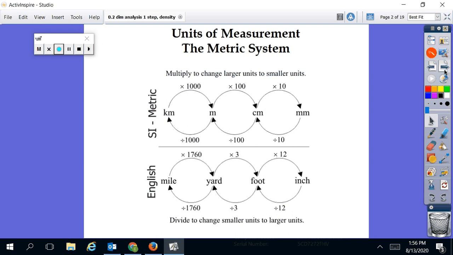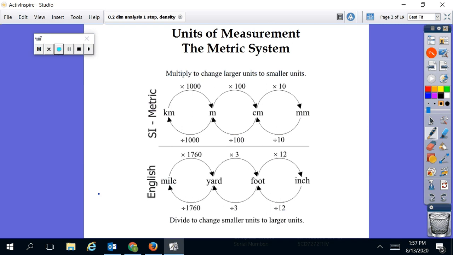Okay. There are two main systems for measurement in the world today. One is called the metric system, or the SI system, and one is called the English system. In the United States, we mostly use the English system.